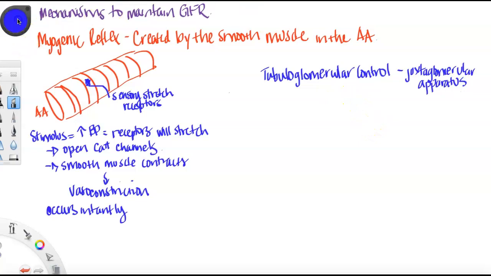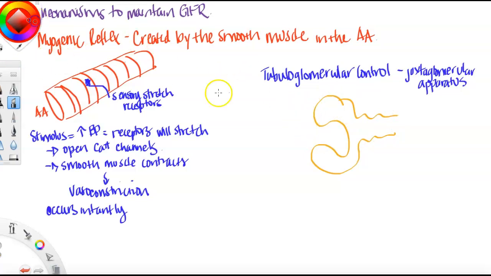So if we can show this again, we have our little, go ahead and make the juxtaglomerular apparatus.